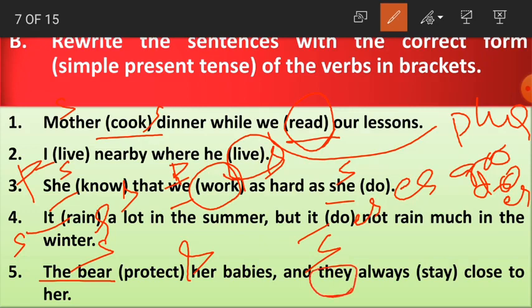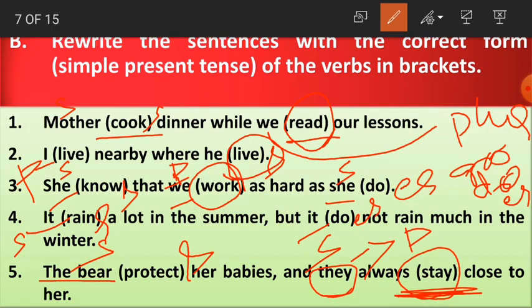We are talking about they here. This they is in plural form. That is why there is no change in the verb, same as in the brackets. So the bear protects her babies and they always stay close to her.